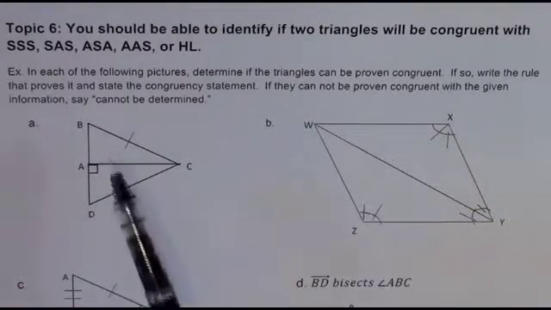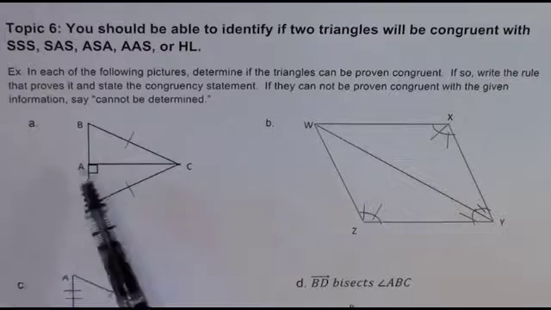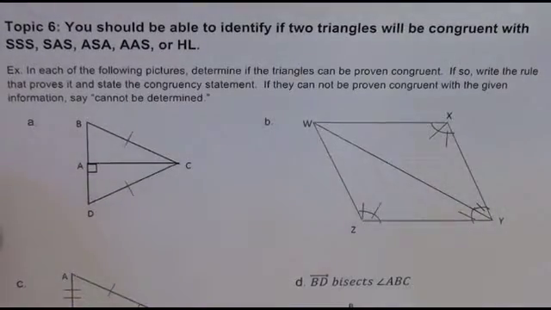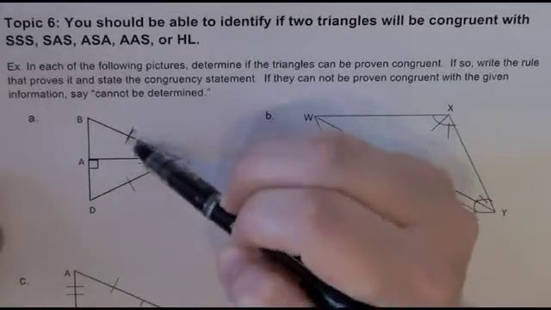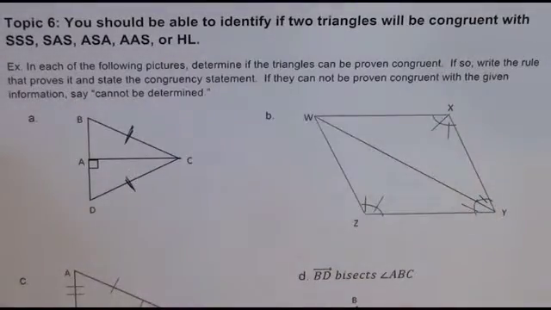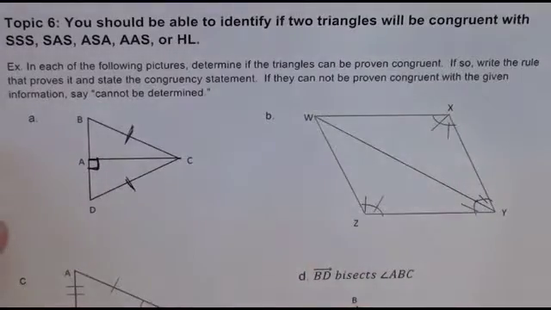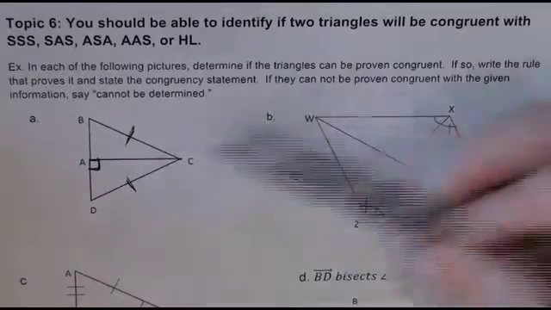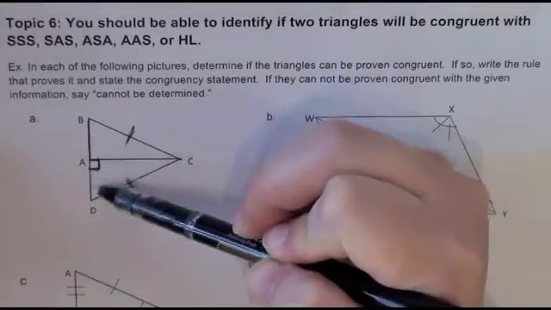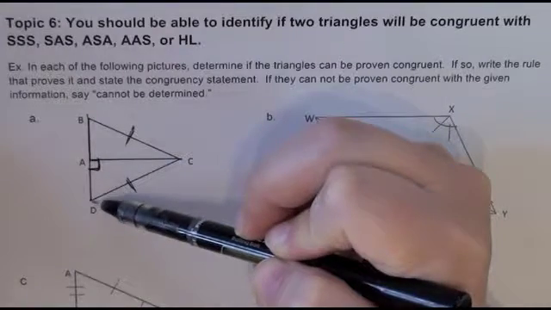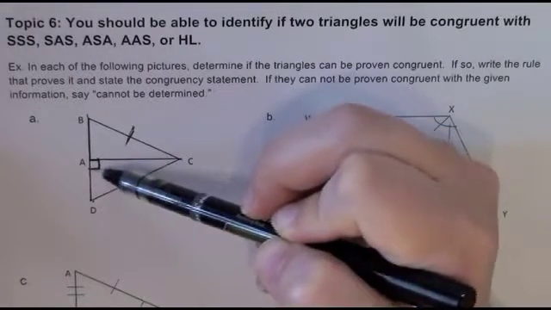A. We have two triangles here, triangle ABC and ACD, and some information about this triangle. We know we have two congruent sides here, which is helpful. We have a 90-degree angle. Well, that's particularly important because we also have a straight line from D to B. A straight line is going to add up to 180 degrees.